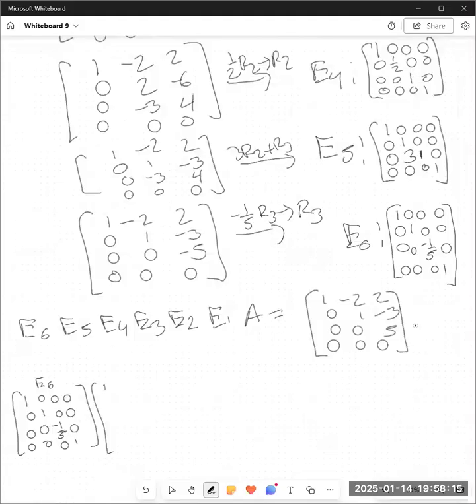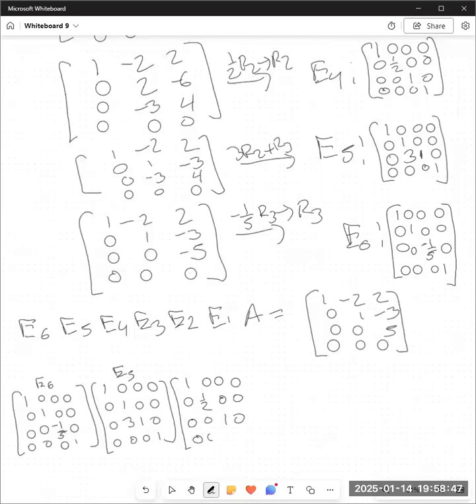E5 is 1, 0, 0, 0, 0, 1, 0, 0, 0, 3, 1, 0, 0, 0, 0, 1. That's my E5 times my E4, 1, 0, 0, 0, 0, 1/2, 0, 0, 0, 0, 1, 0, 0, 0, 0, 1. That's E4.